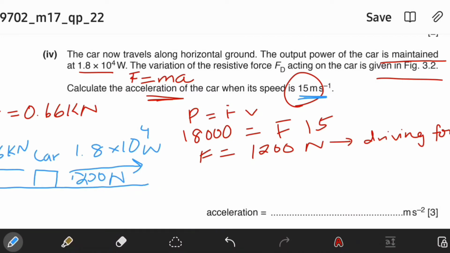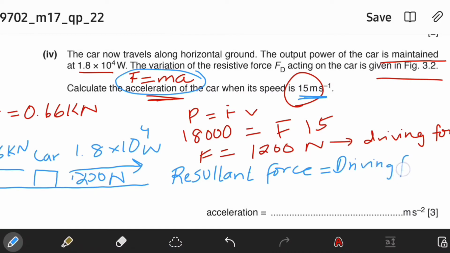So first, in order to use this formula, we need resultant force, and resultant force can be found out by subtracting resistive force from driving force, 1200 minus 660.